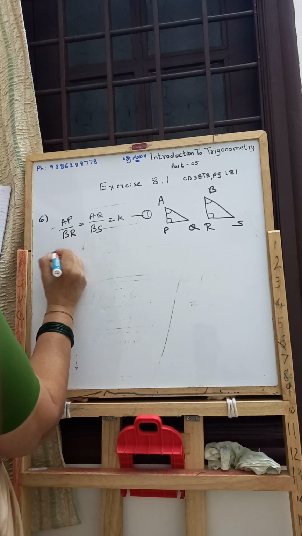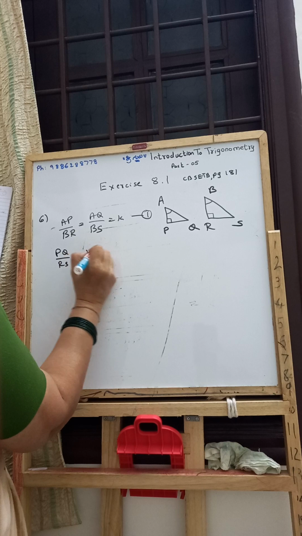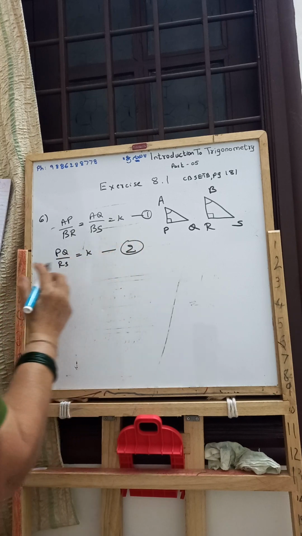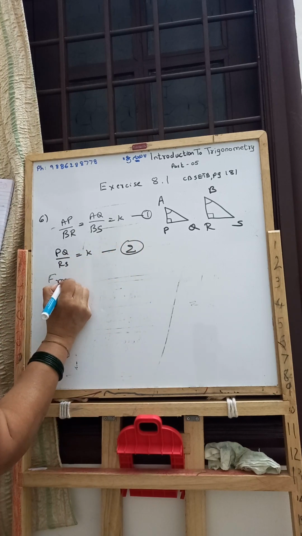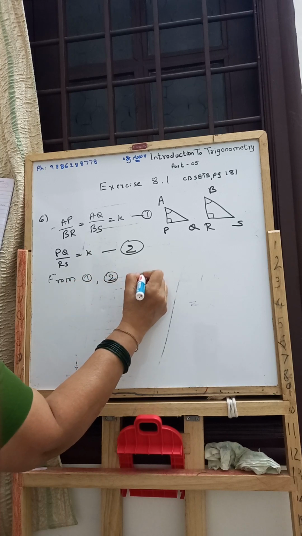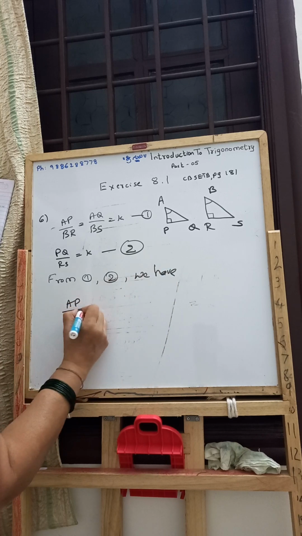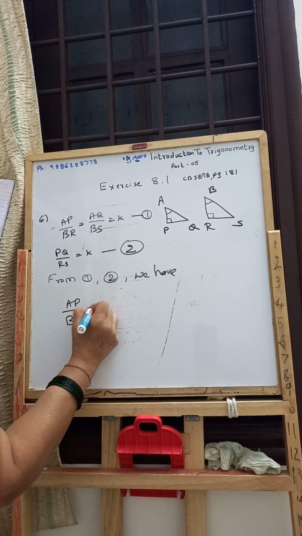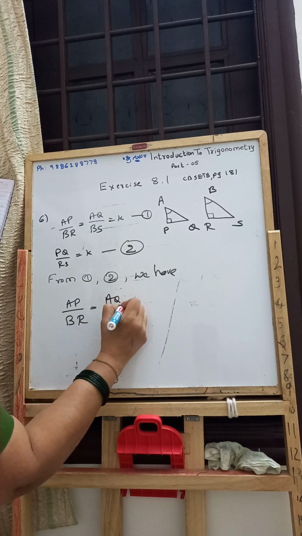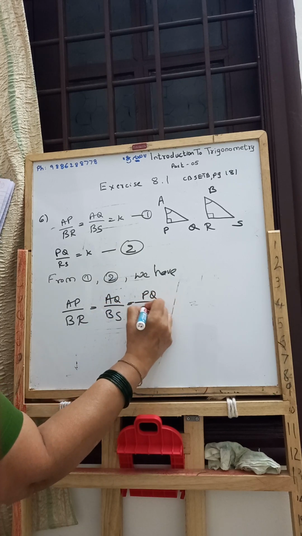And PQ upon RS is equal to K. So from equations 1 and 2, we have AP upon BR is equal to AQ upon BS is equal to PQ upon RS.